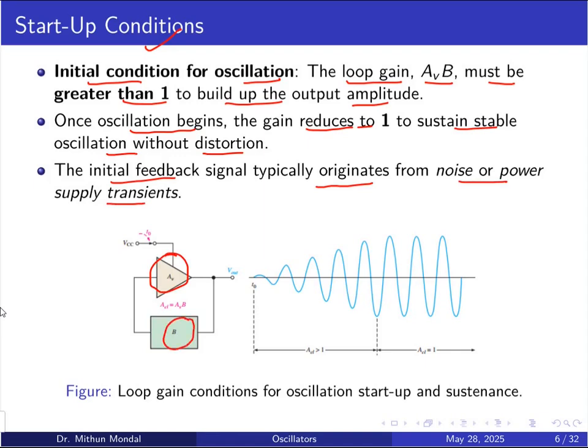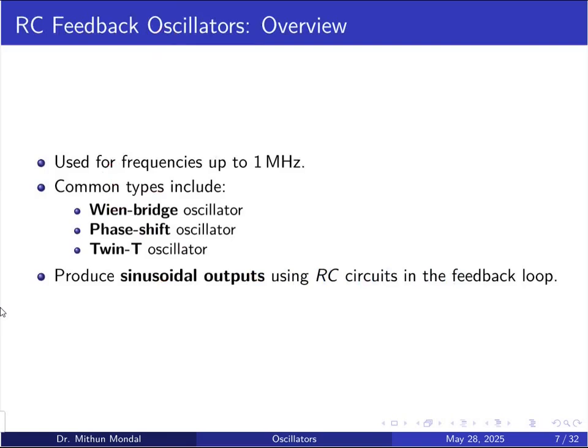From time t0 to a particular time t, where the gain is greater than 1, you will have certain oscillations. Then when the gain becomes unity, you have a sine wave. So the initial feedback signal generated from noise or power supply transient results in these oscillations.